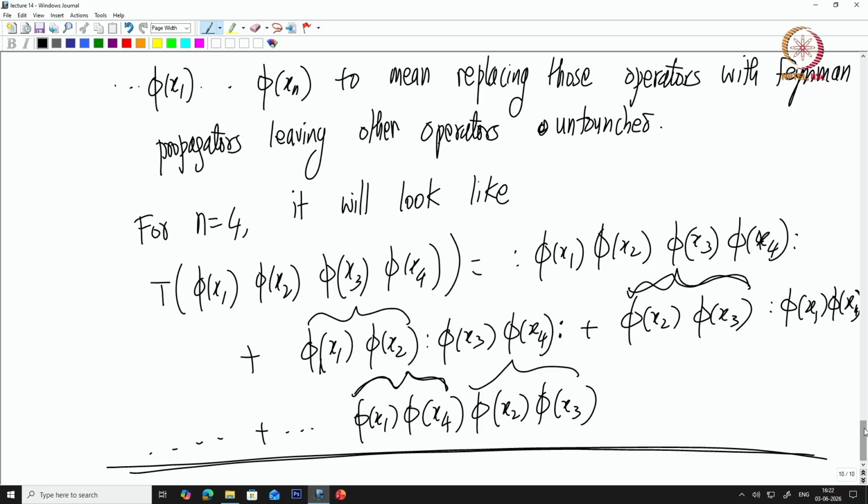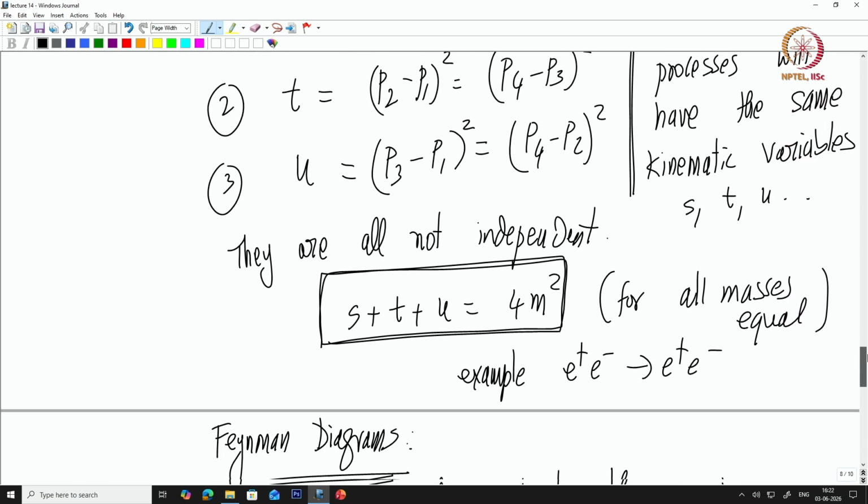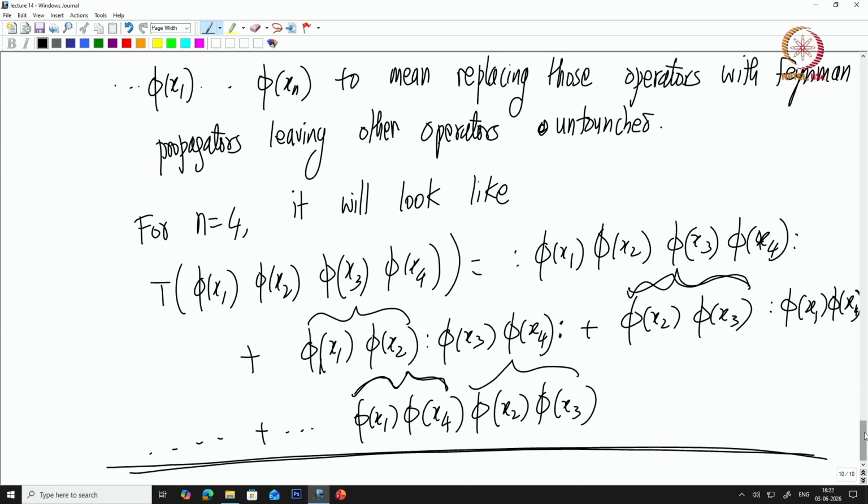That gives you some idea about how this entire field theory leads to simple algorithmic rules called the Feynman rules, where you can calculate processes in principle even at any order in perturbation theory.